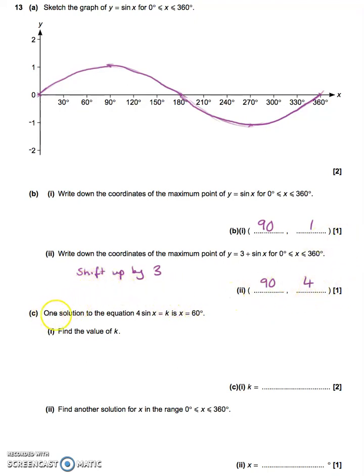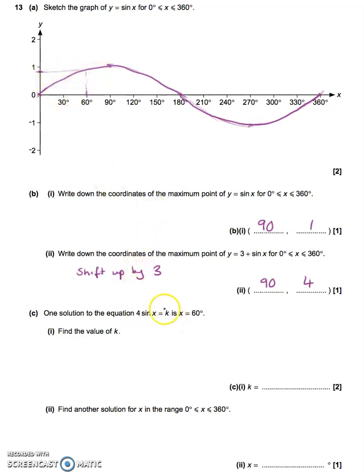Part C, we've got one solution of the equation sine x equals k is x equals 60. Find the value of k. That means we're going up from 60 on the graph and going across to find the value, and you can see it's not going to be a whole number, it's going to be a horrible number.